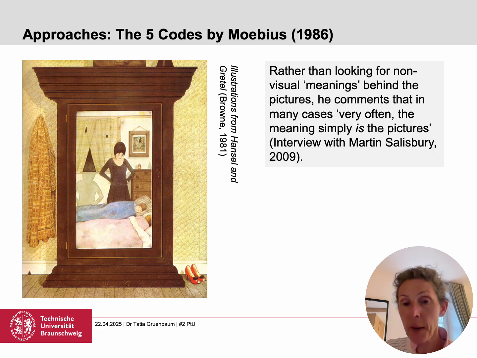Here is a quote by Martin Salisbury. I used his work in our first session when we were talking about blurred lines. He, together with Morag, wrote the book on the art of visual storytelling. So he expresses his skepticism of this kind of visual analysis of children's picture books.